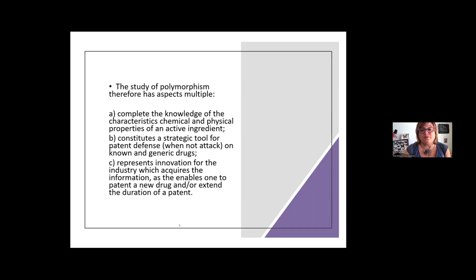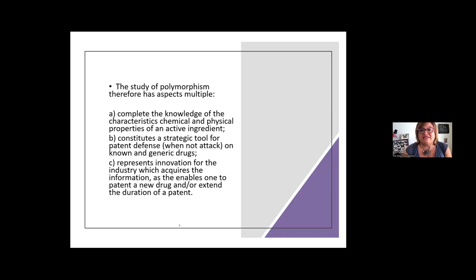A new polymorphic form is not only a patent for the firm, but it can be a patent for another firm. Remember, solid forms can present more than one form. It may have three, but the firm has studied just two. Another pharmaceutical firm can crystallize the third form and then put a patent on the third.